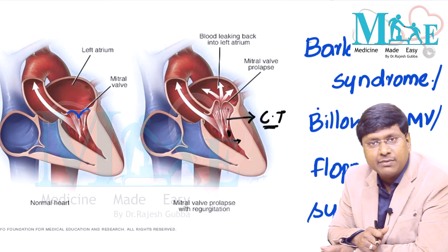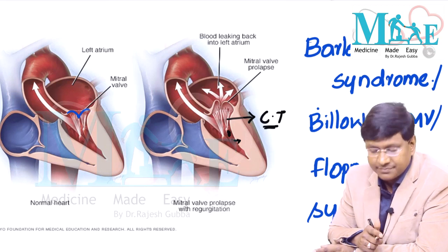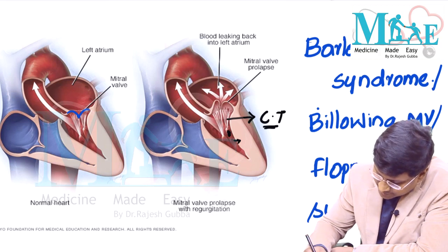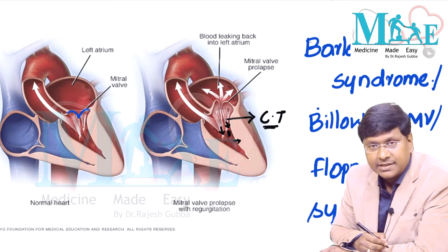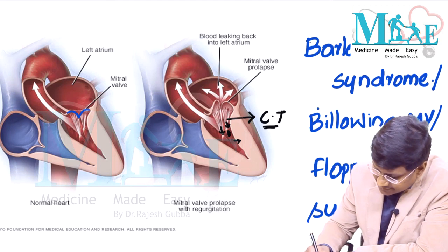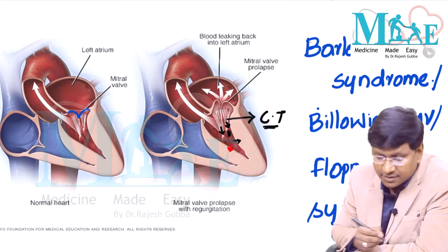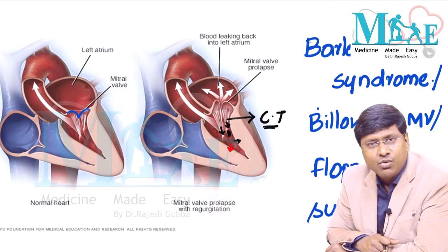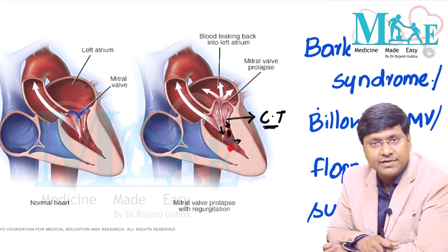Now, when the mitral valve is prolapsing into the left atrium, these chordae tendineae will pull the papillary muscles. Now, where are these papillary muscles attached? The papillary muscles are attached to the endocardium of the left ventricle. So that means the chordae tendineae are indirectly exerting a stimulus over the endocardium of the heart.